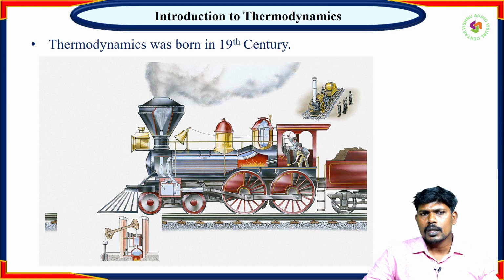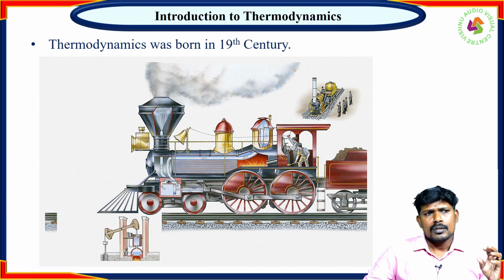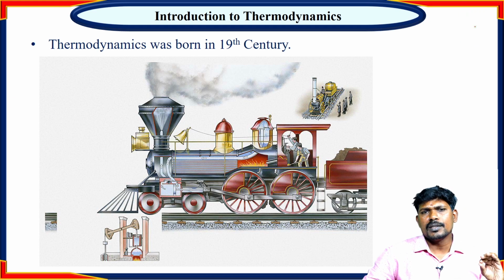Before going into the content of chemical and process thermodynamics, first we will see what thermodynamics is. The steam engine was developed in the 19th century. Later they wanted to understand the efficiency of the steam engine and its limits.